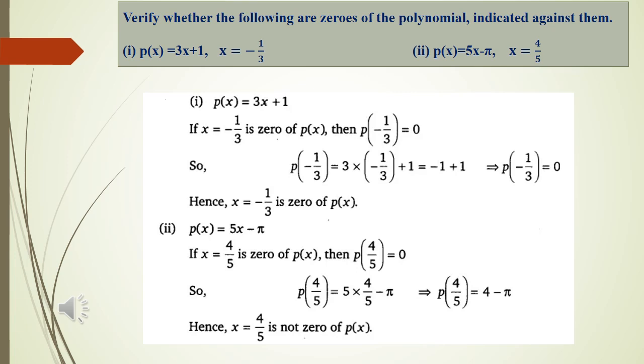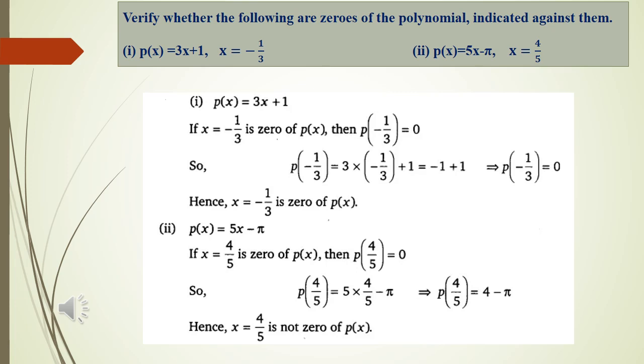Next example, p of x is equal to 5x minus pi and the given value is x is equal to 4 upon 5. If we substitute the value of x in the given polynomial, p of x is equal to 5x minus pi. So we will have p of 4 upon 5 is equal to 5 multiplied by 4 upon 5 minus pi.